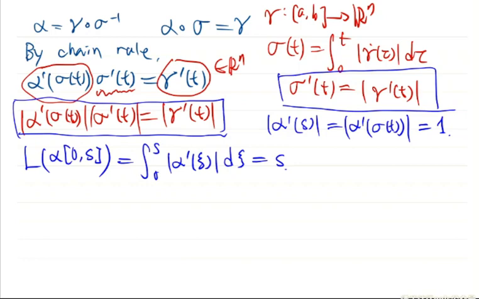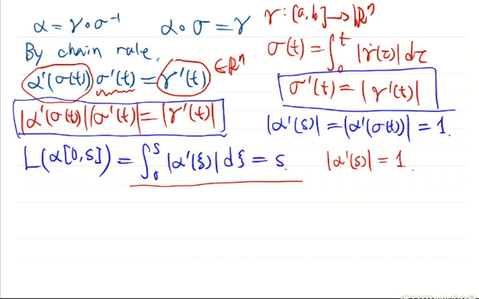From this result, we also know that the left hand side is s. Taking the derivative on both sides, we see that the norm of alpha prime of s is precisely 1.